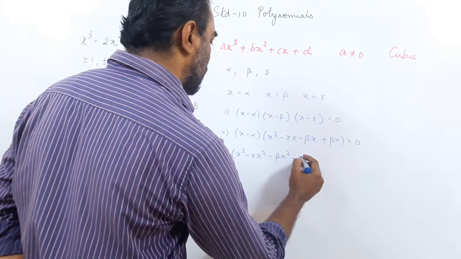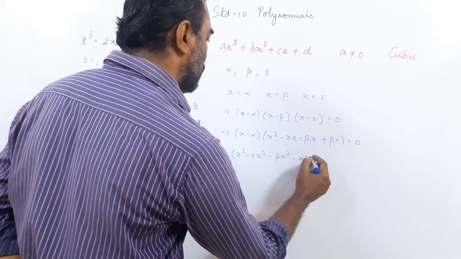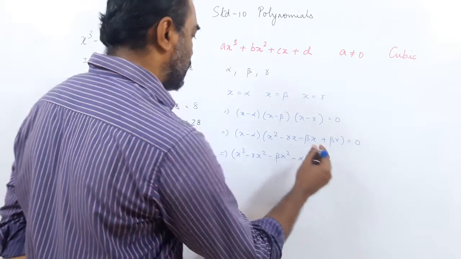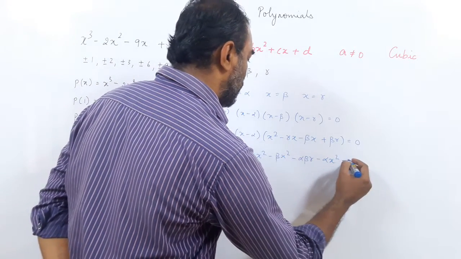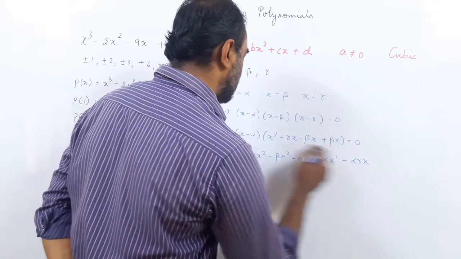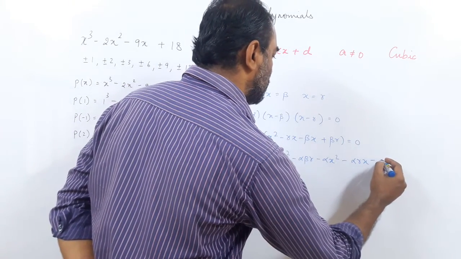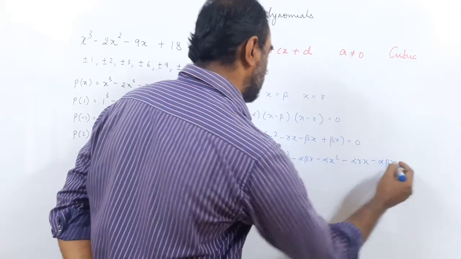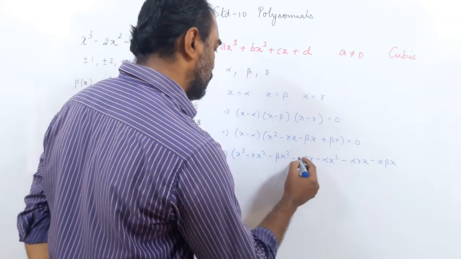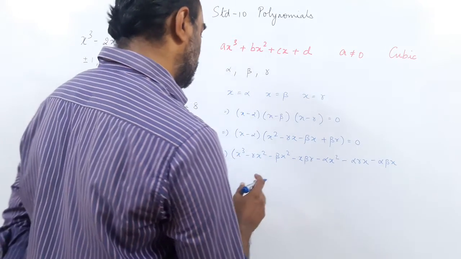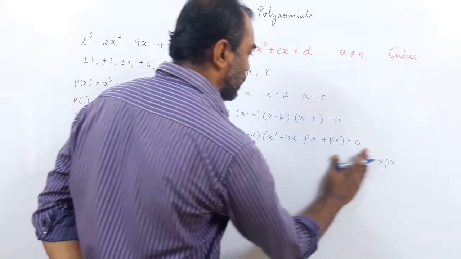Clear? Minus alpha beta gamma. Sorry, here I will not have that. I will have x into beta. Let us check again. Sorry, I made a mistake.